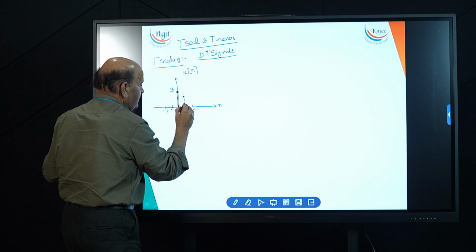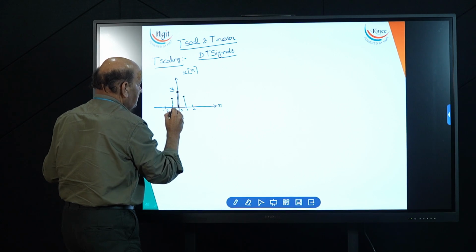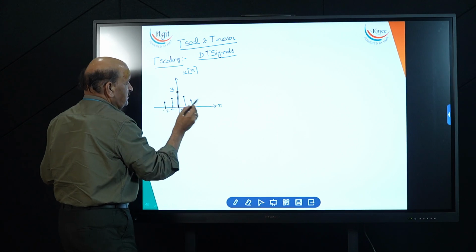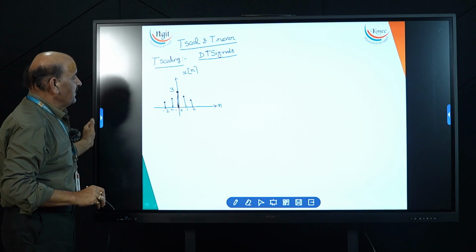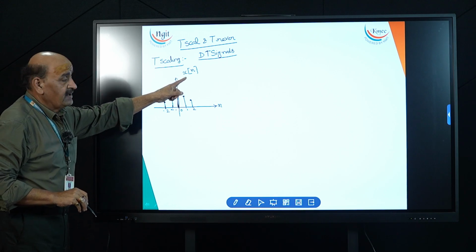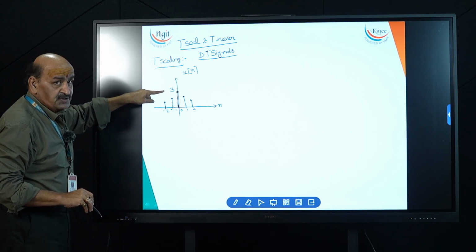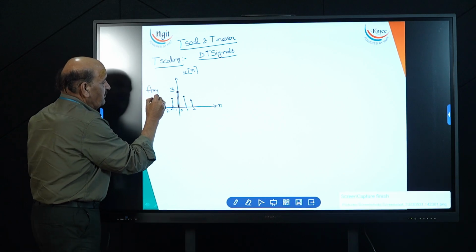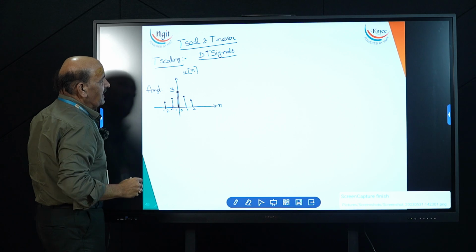This is the sketch of the discrete time signal x of n with amplitude 3. What is the amplitude? Amplitude is equal to 3.